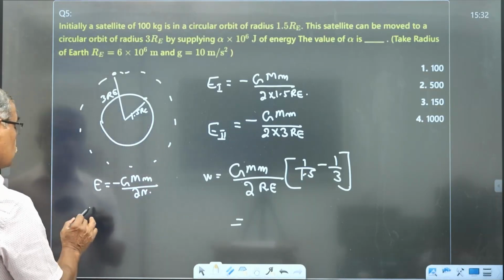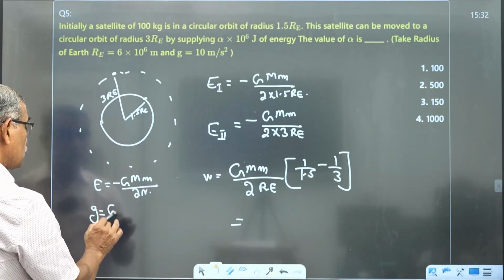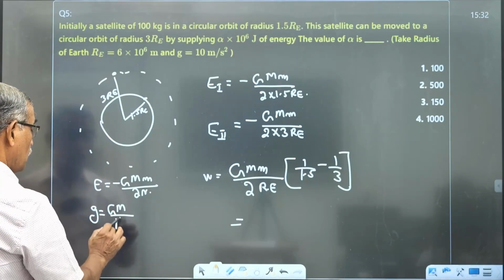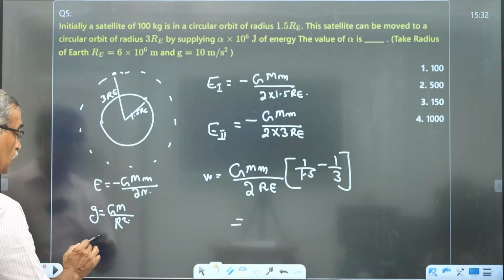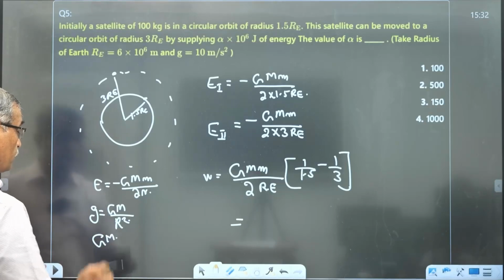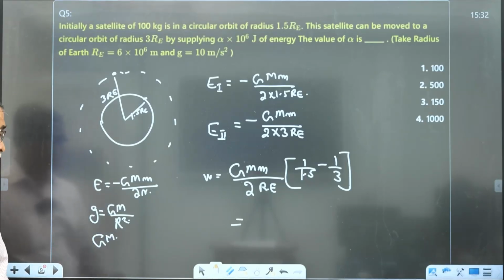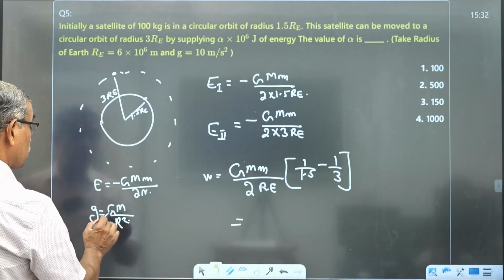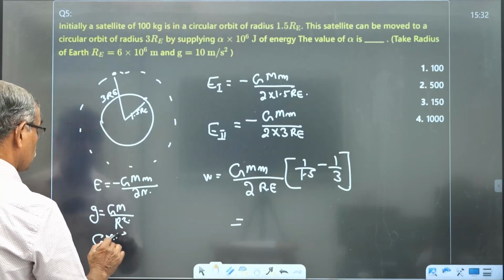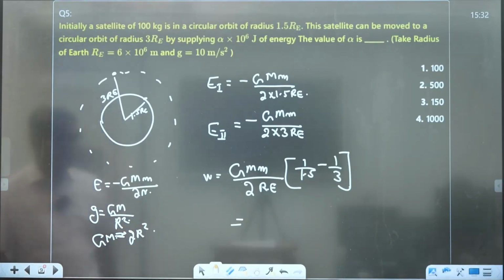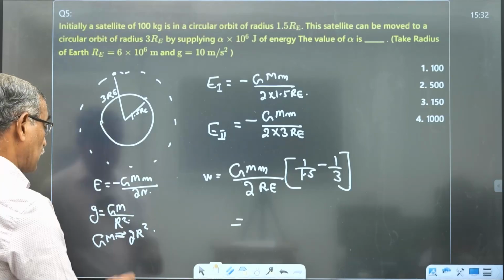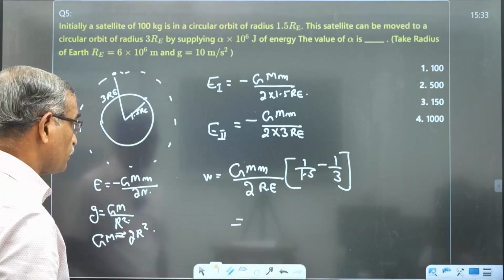Now you know acceleration due to gravity g is given by G M by R square. Therefore, capital G capital M is given by g R square.